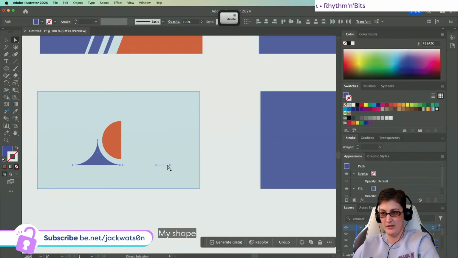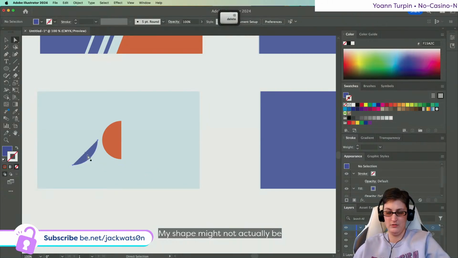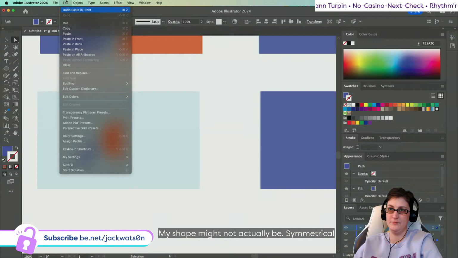My shape might not actually be symmetrical.